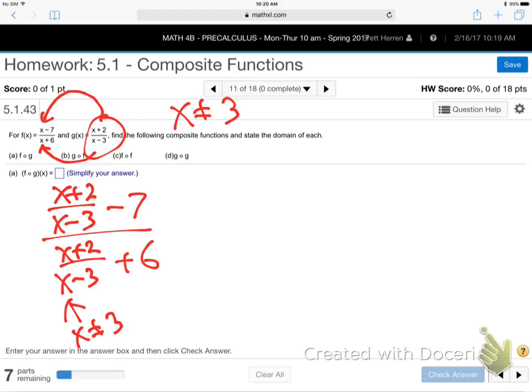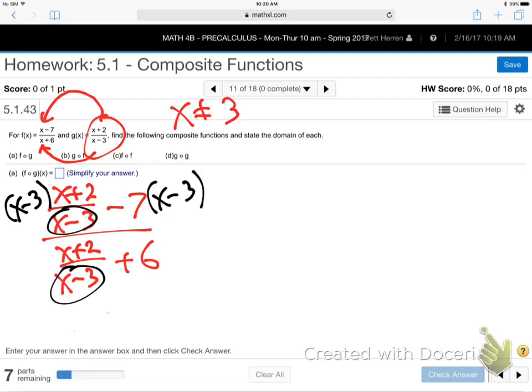Now, how are you going to clean that up? Remember, you identify the denominator, which is him and him, so it's the same thing, and you give it to everybody, top and bottom. So x minus 3, x minus 3, x minus 3, x minus 3.